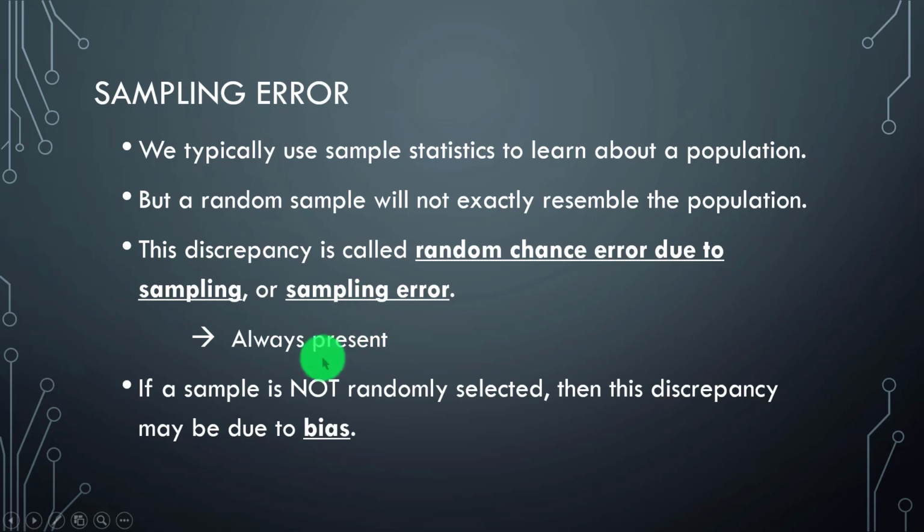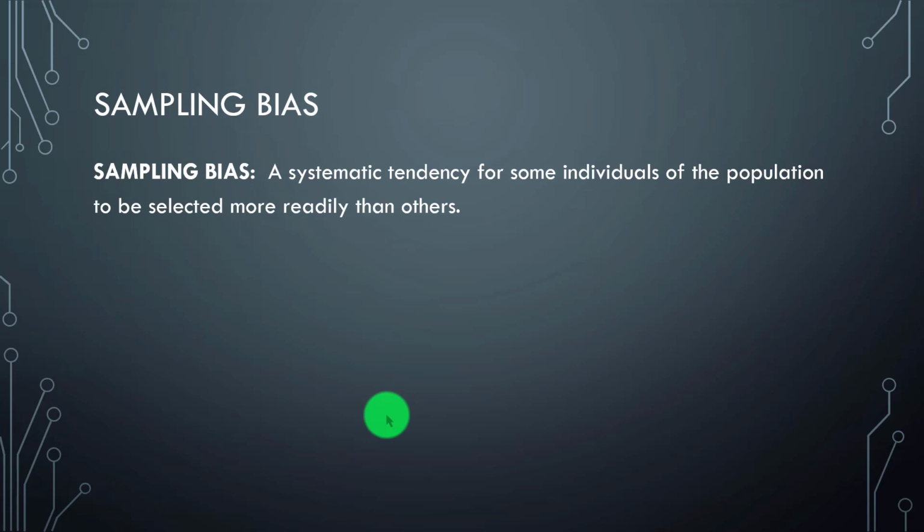However, if a sample is not chosen randomly, then this discrepancy may be due to bias. This is a 4-lettered word, the B word there. Let's talk a little bit about the B word, bias.